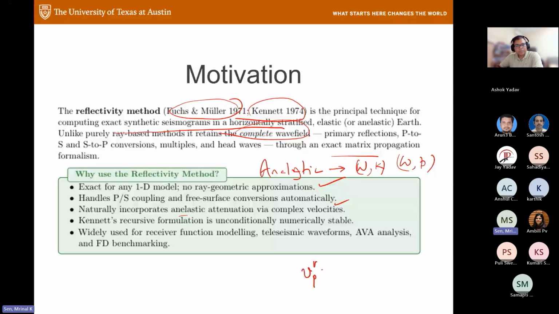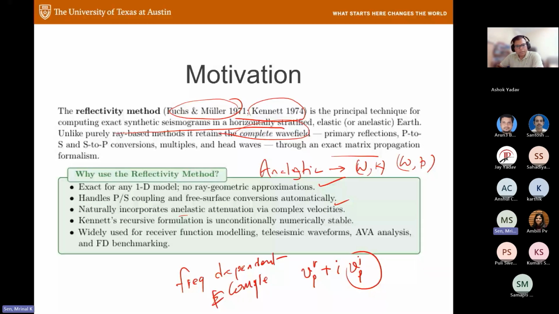And this imaginary part is where we use the Q value. Since this is all done in the frequency-wavenumber domain, your velocities can be frequency dependent and complex. So remember this: when there is attenuation, your velocities are frequency dependent and complex.